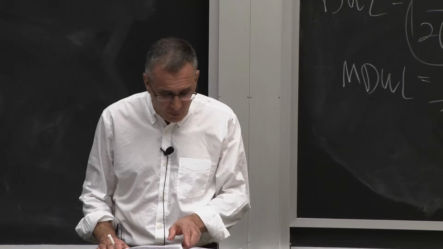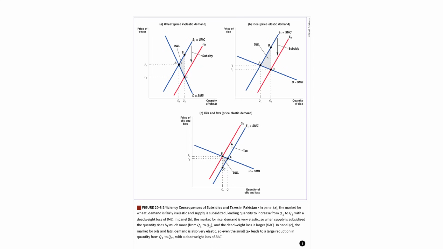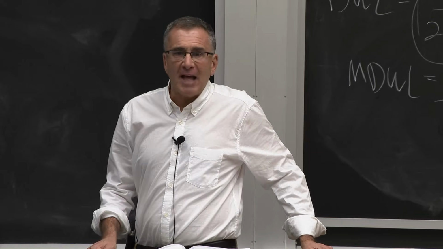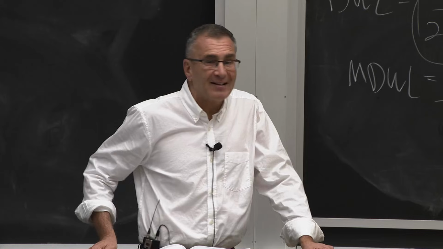And Deaton looked at it and said, well, wait a second. You've got a situation where you are taxing oil and fat to pay for these subsidies. Well, imagine if you reduce the subsidy on wheat some. That's not going to cause that much, since wheat is fairly inelastically demanded.